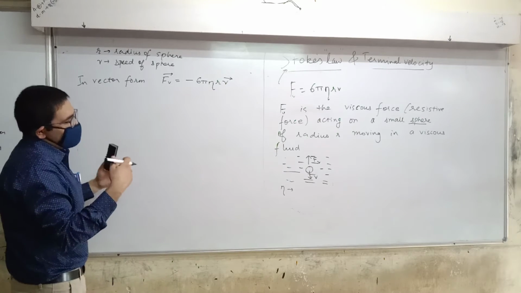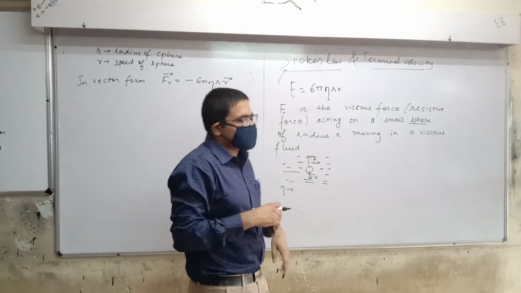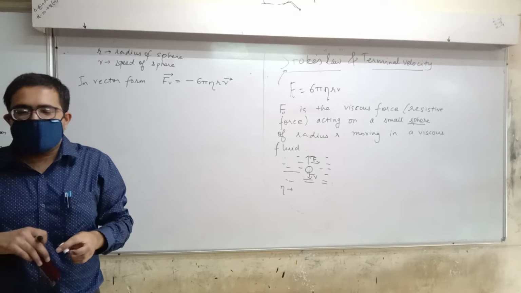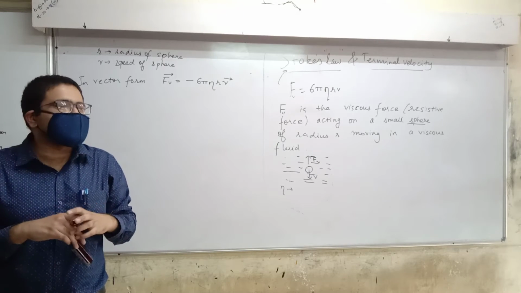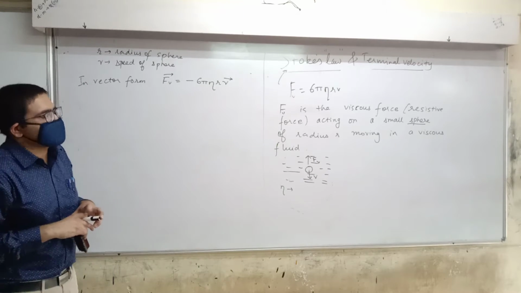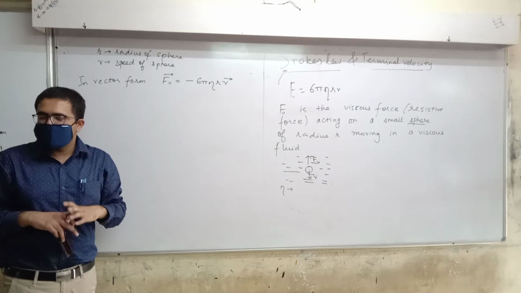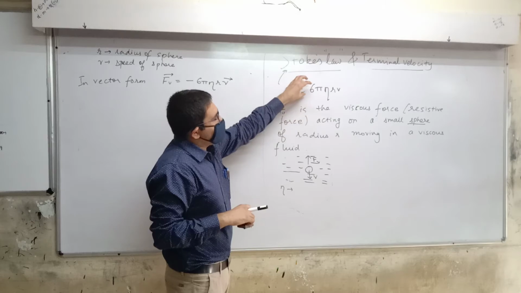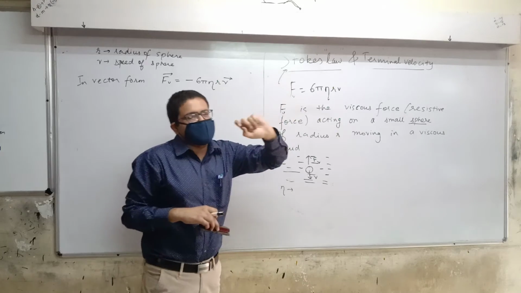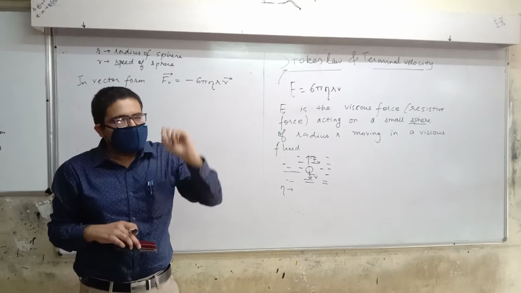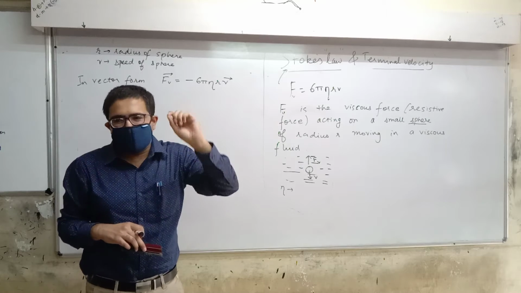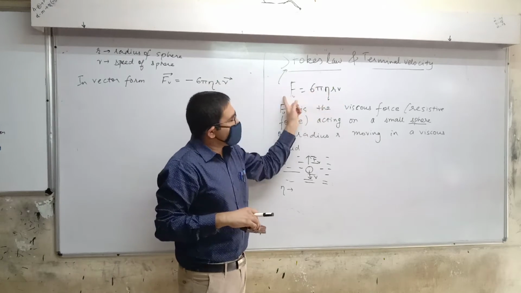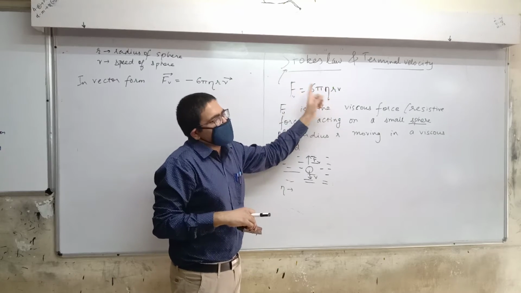Right now, how would people have come up with something like this? The simplest answer is by doing the same kind of experiments again and again. Let me tell you how. By taking one sphere, let's say of radius r, and by throwing it and allowing it to fall with some speed, by varying the speed you can get an idea of how much the force will be.